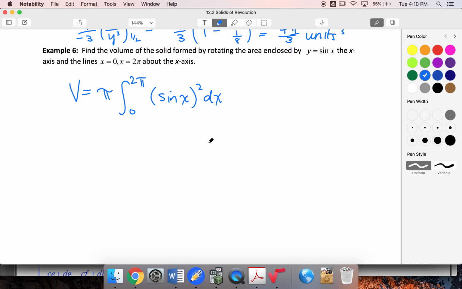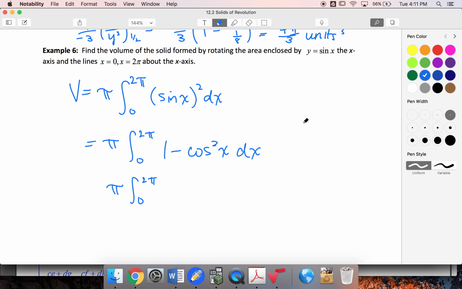height. Sine squared is going to be 0 to 2 pi. Sine squared is 1 minus cos squared. I do this so that I can use my double angle formula, 0 to 2 pi. Let's see here.